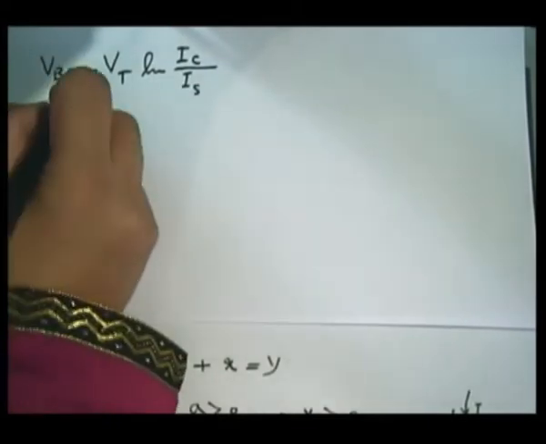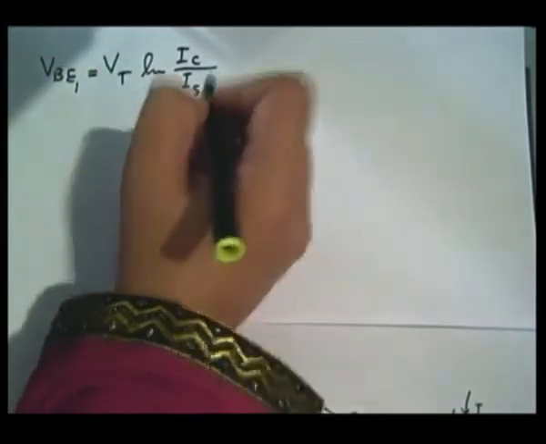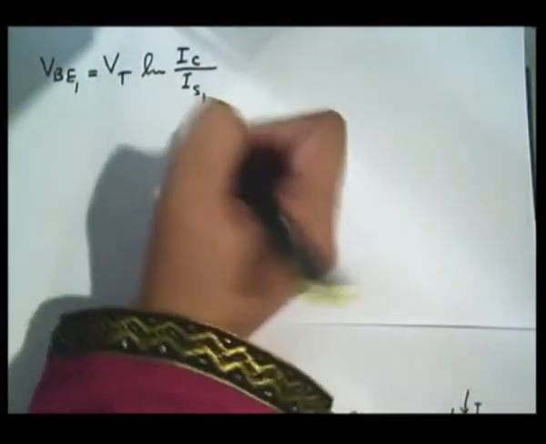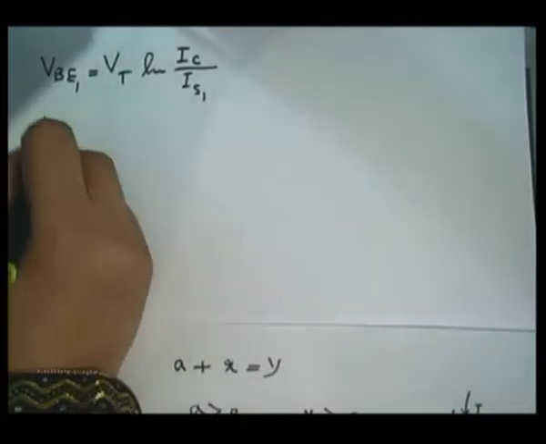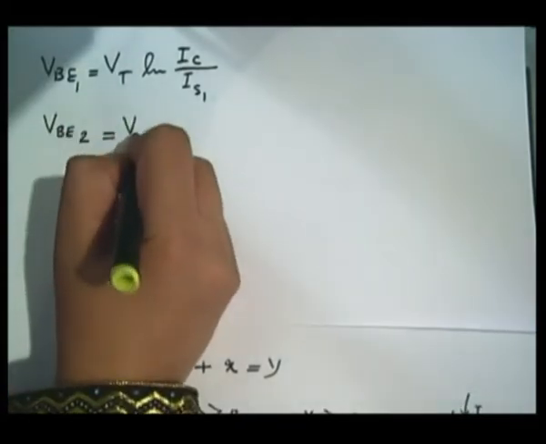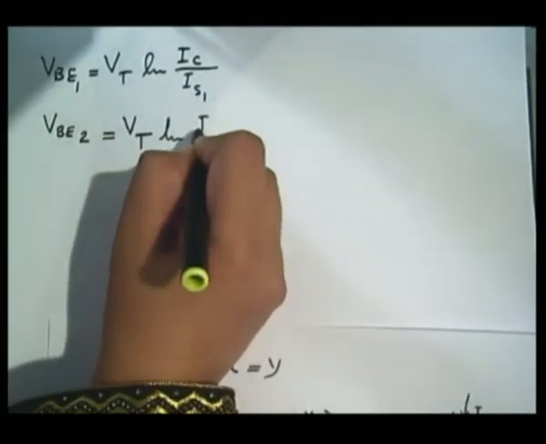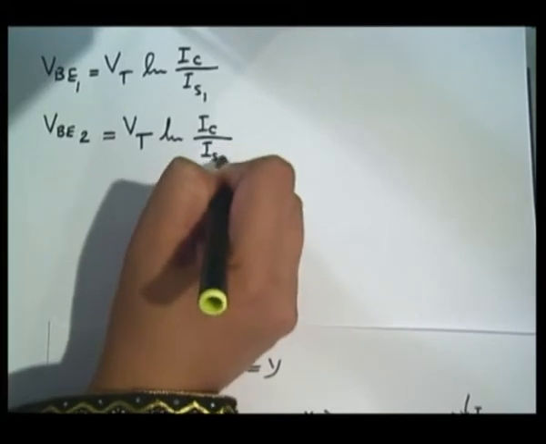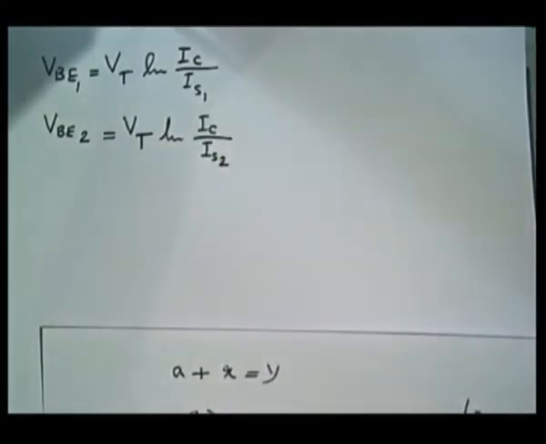So, suppose for transistor 1, I use subscript 1. So, it will be like this. Vt is the thermal voltage, kT upon q. Ic is the collector current, which is the same for both. So, VBE2 will be equal to Vt ln IC upon Is2. Now, we will have this 2.